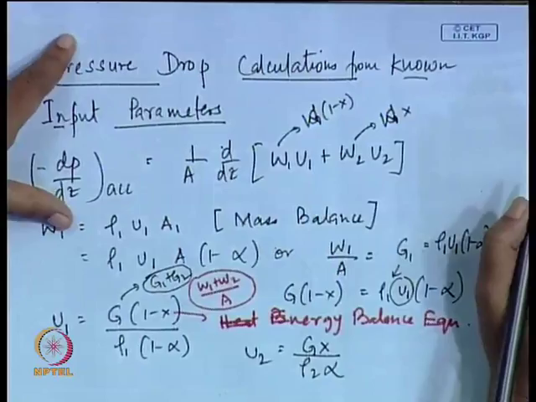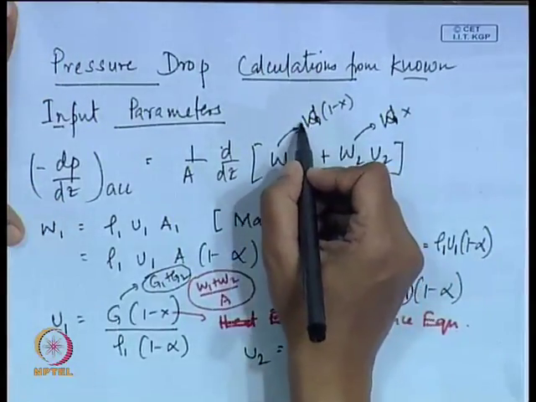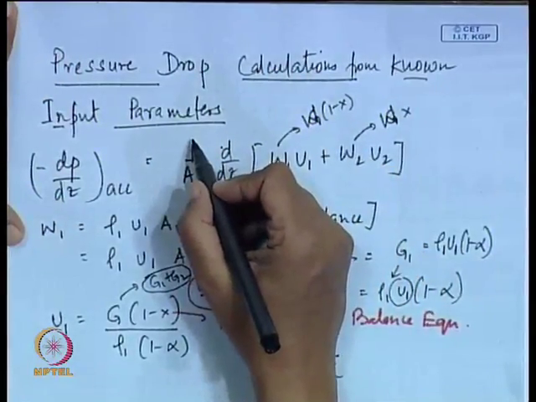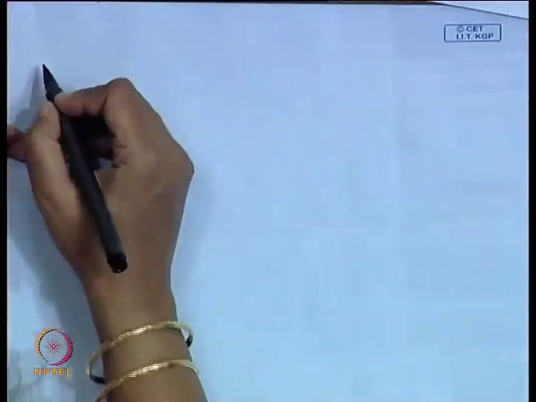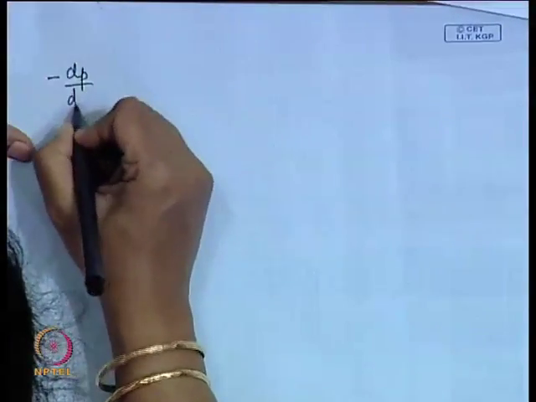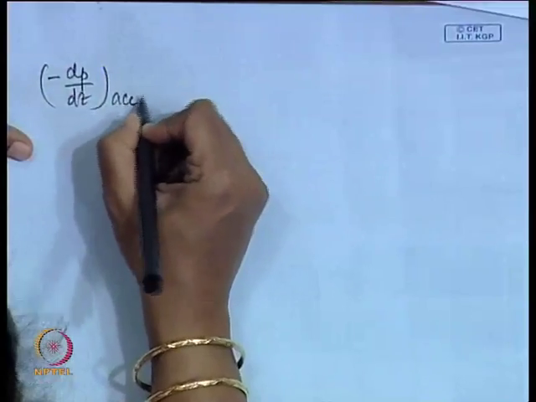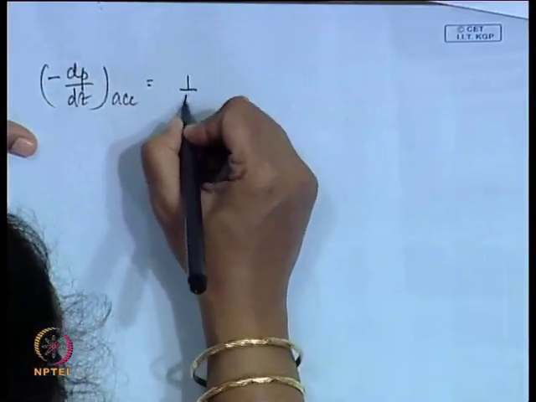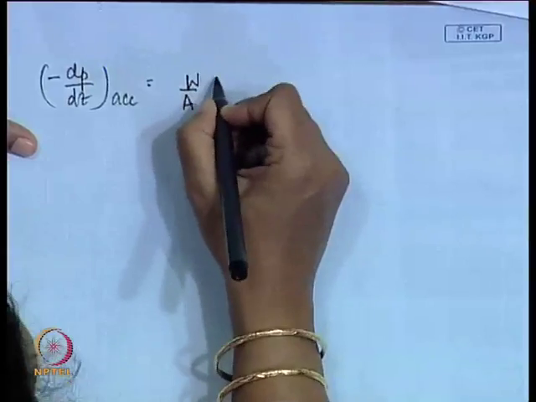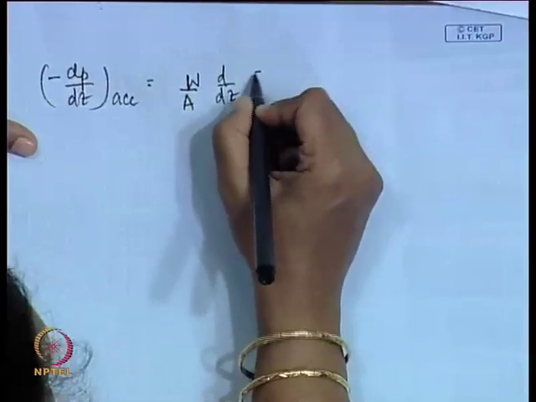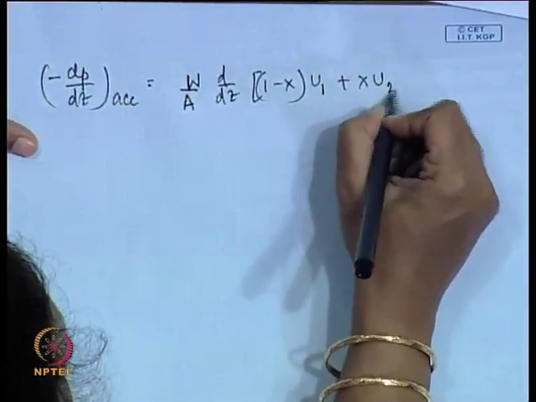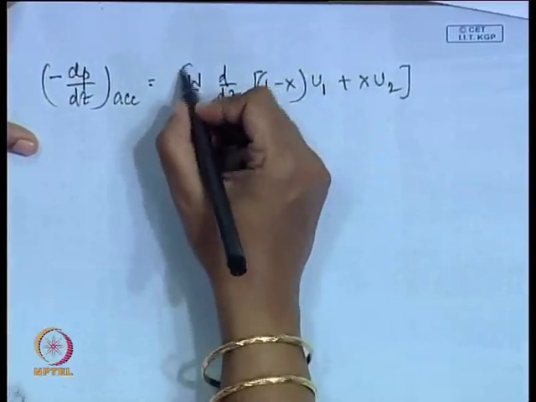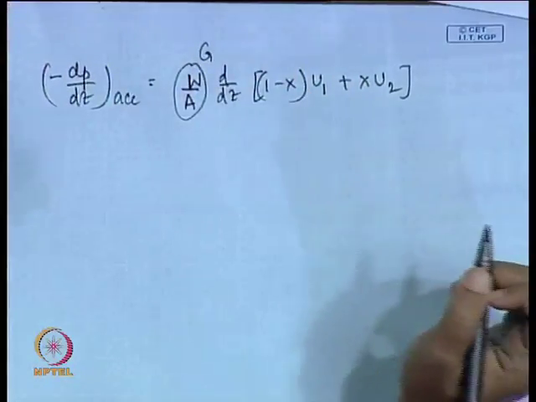If that can be done, this W can be taken out, and we get W by A, which is nothing but G. So, let us do this and see what we get. Minus dp dz acceleration is equal to 1 by A, having taken out the W, d dz of (1 minus x) u1 plus x u2, where this W by A is nothing but G.